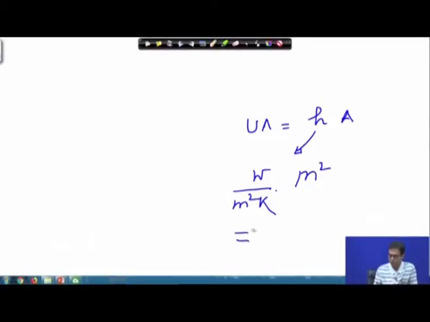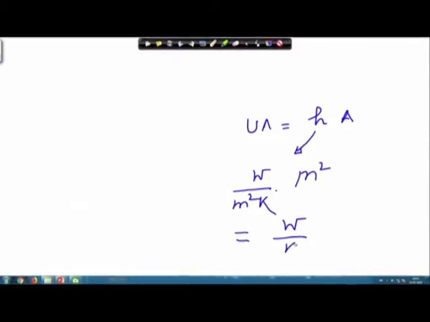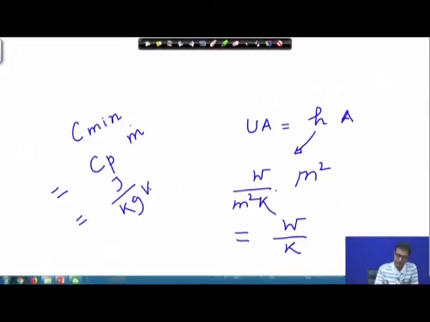So, overall this is watt per Kelvin. On the other side, we have C min, which is nothing but the Cp of the minimum fluid, cold or hot, multiplied by the m dot. So, this is joule per kg Kelvin, and this is kg per second. So, this is cancelling out, and overall what we get is watt per Kelvin.